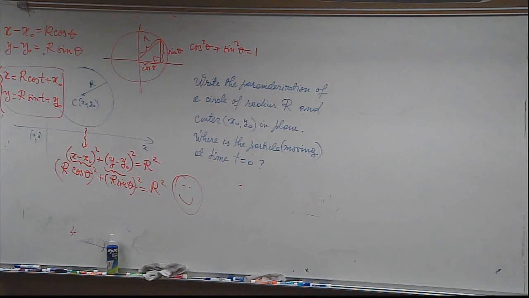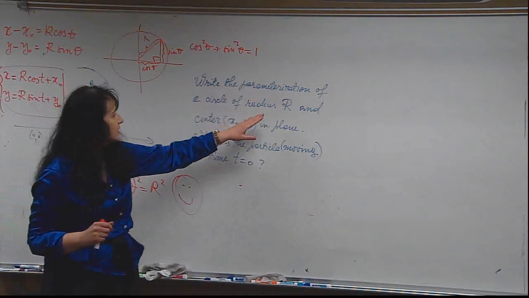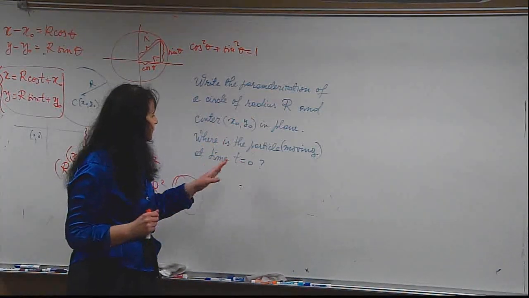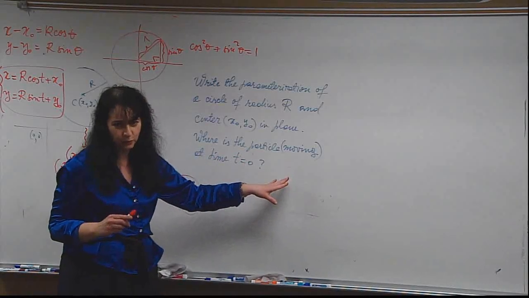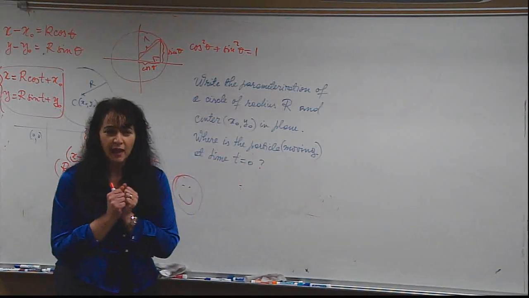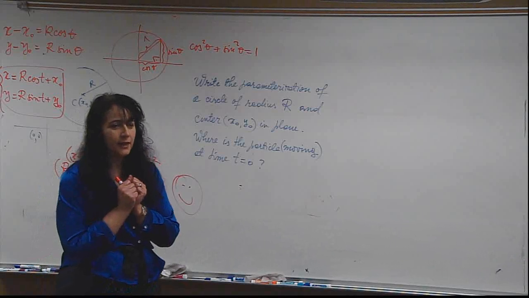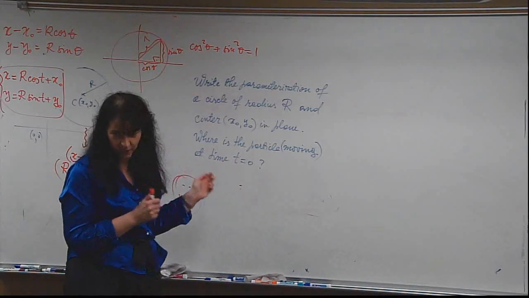Each of you had a randomized data set, a different r, a different x0, y0, and a different place where the particle is moving. But no matter what they gave you, it corresponds to the same problem.